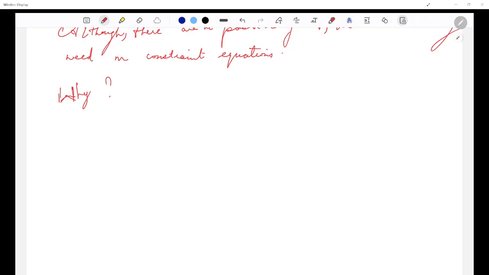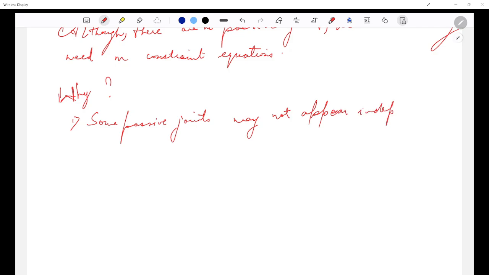Because some passive joints may not appear independently. They might have dependencies. Some constraints may be redundant.